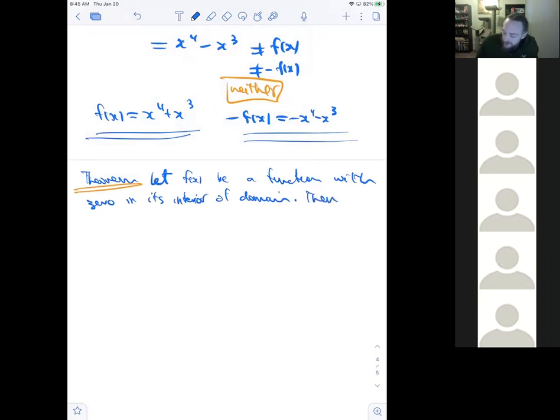Then f of x can be written as the linear combination of an even and odd function.